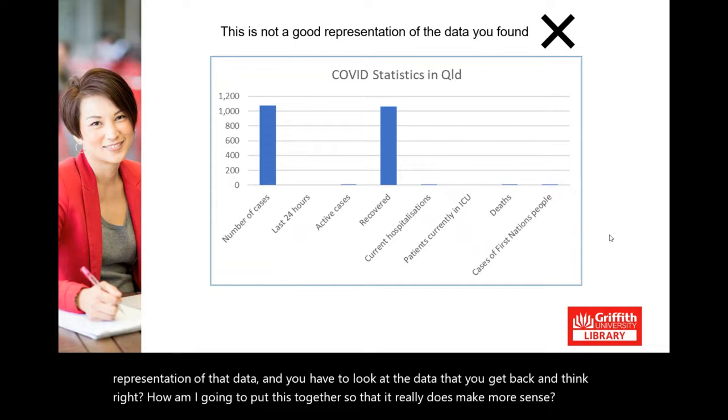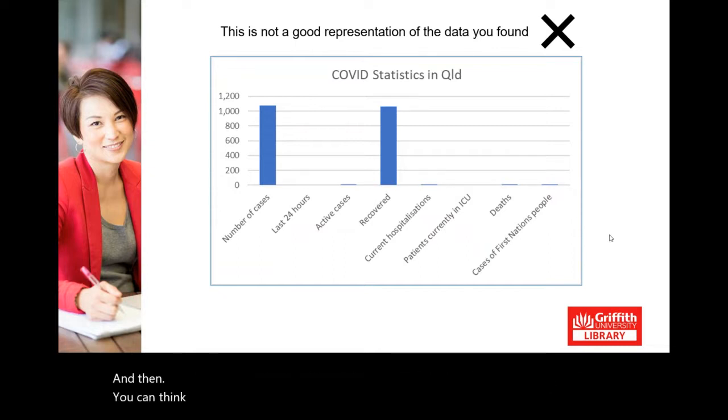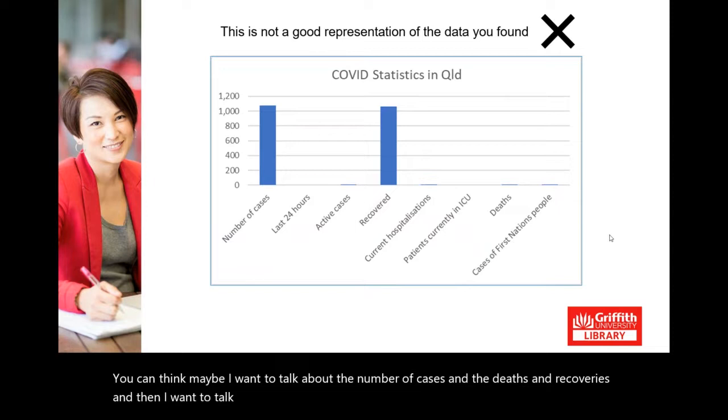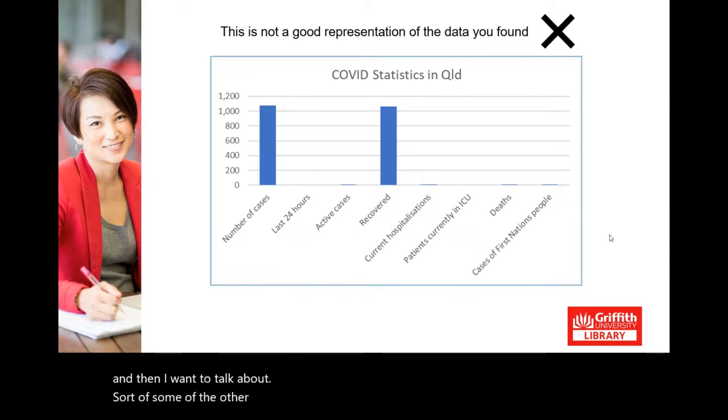And then you can think, well, maybe I want to talk about the number of cases and the deaths and recoveries, and then I want to talk about some of the other qualities, and maybe I need to split this into 2 graphs.